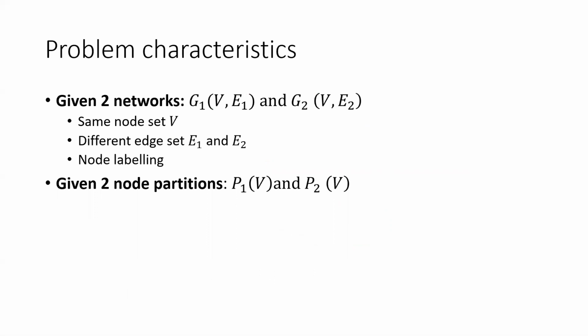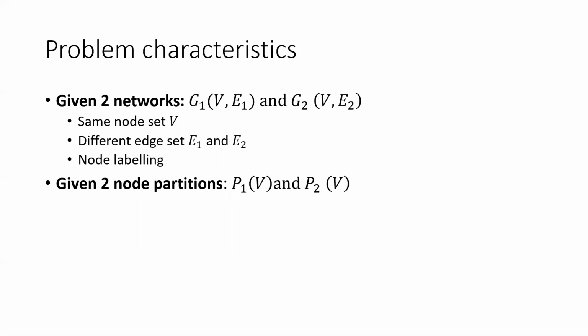Okay, so if we now look at exactly what characterizes our problem, we want to compare two networks, G1 and G2. And in our problem, we are going to say that these two networks are node aligned. So they actually have the same node set and only a different edge set. And we're also going to say that each node within the network has a specific label or identity.